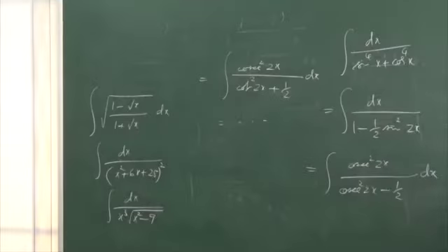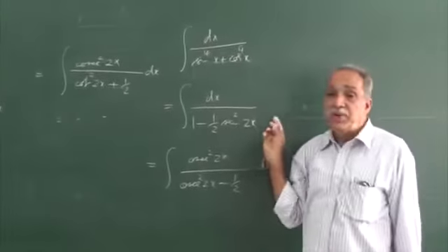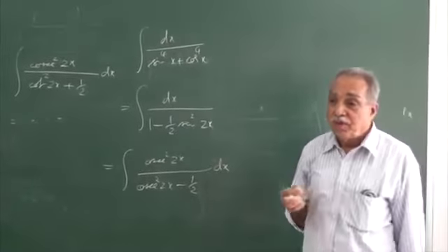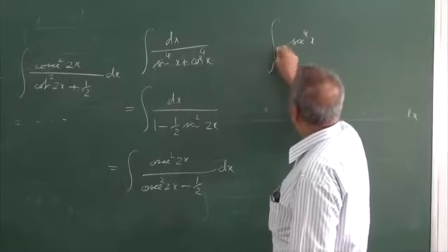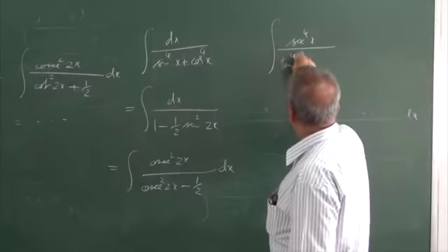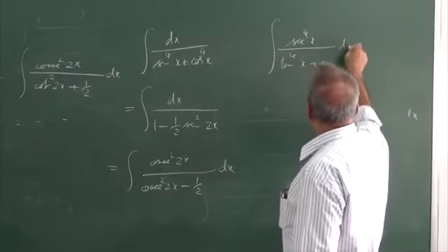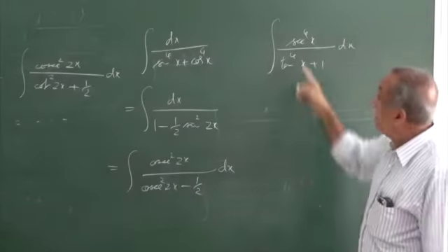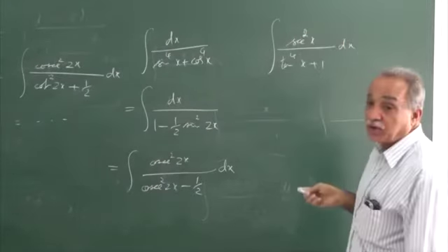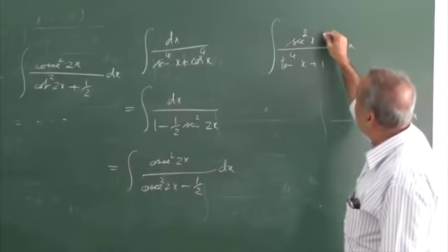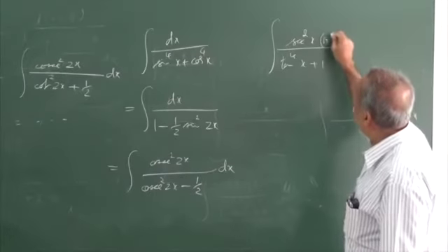Another approach may be to divide numerator and denominator by cos power 4. The numerator becomes secant power 4x, and the denominator tan power 4x plus 1. What next? Break this secant power 4 as secant square into secant square. Write the second secant square as 1 plus tan square.